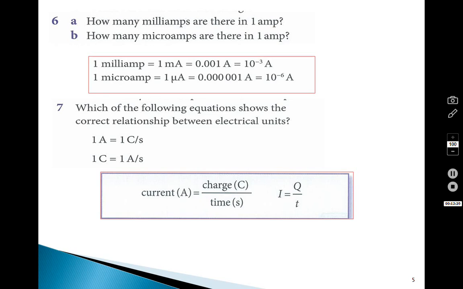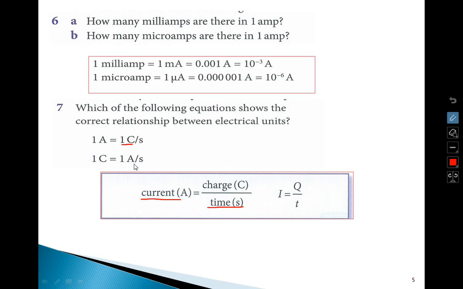As we said before, the equation of current: current in ampere is equal to charge in coulomb over time. So I is equal to Q over T, one coulomb of charge over one second of time.